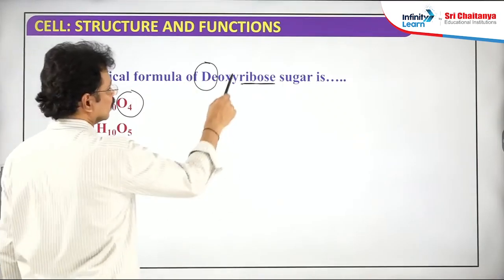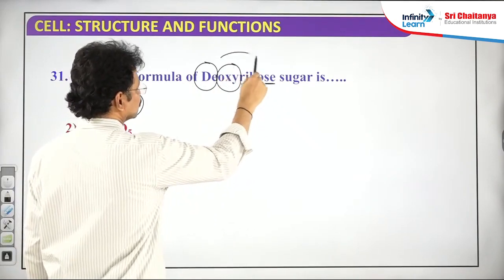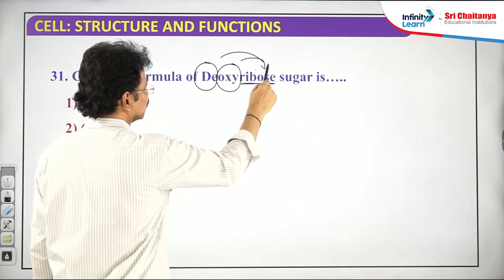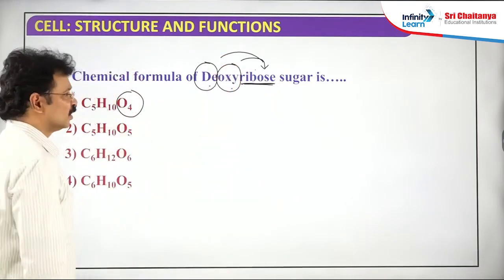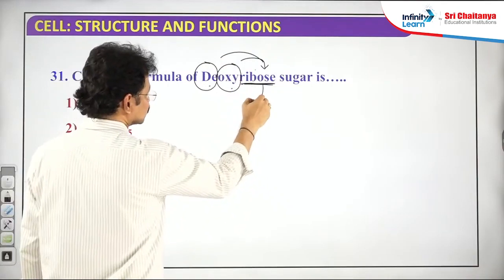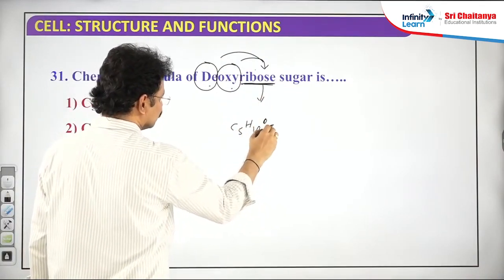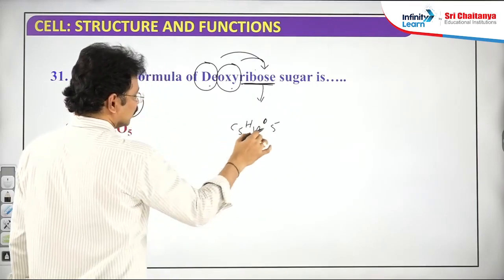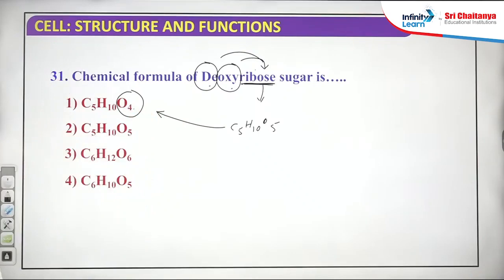Deficiency of 1 oxygen atom in a ribose, then it is the deoxyribose sugar. Actually, original formula of the ribose sugar is C5H10O5. By losing 1 oxygen atom, it becomes as O4. Yes, deficiency of 1 oxygen.